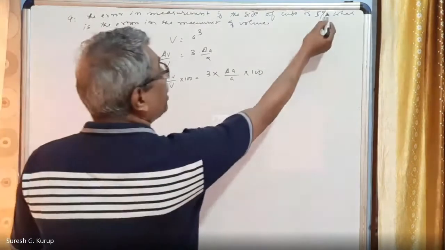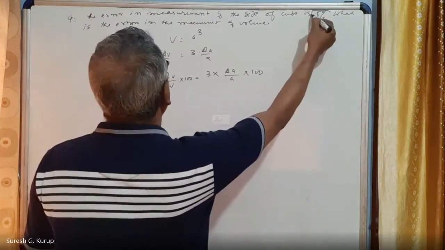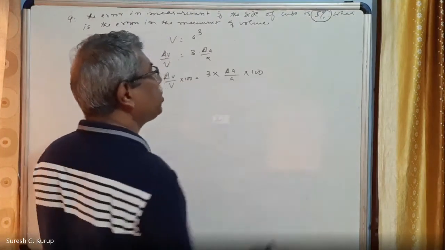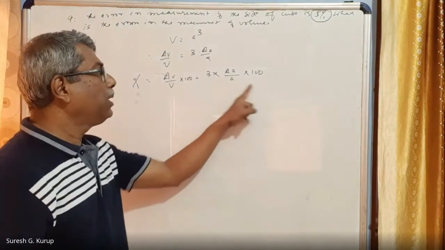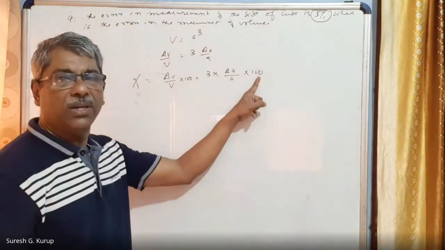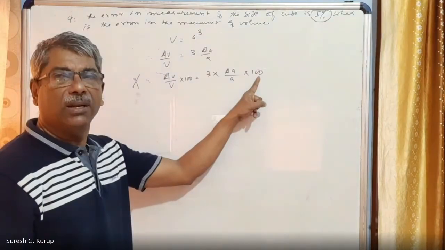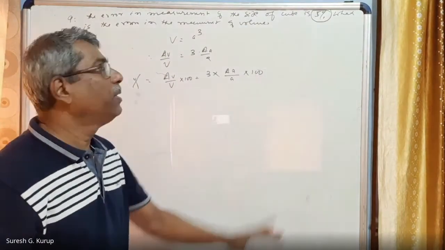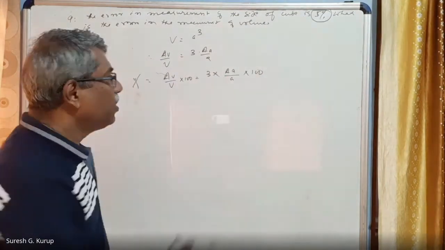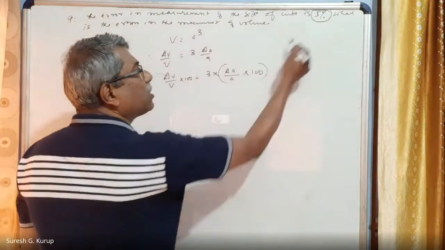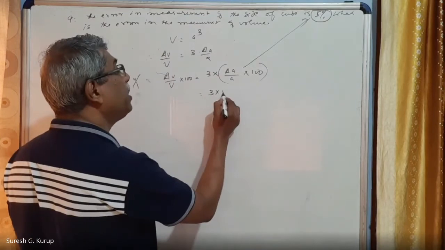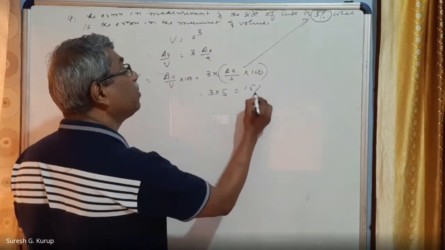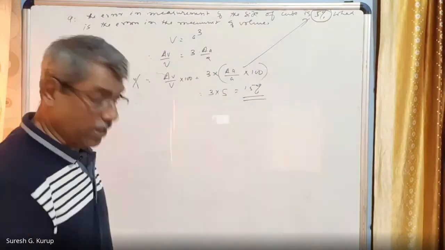But the percentage error in the measurement of side, delta A by A into 100, is given to you. That is 5%. Then this is equal to 3 into 5, that is equal to 15%. This is the answer to this question.